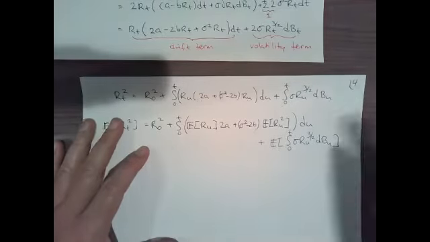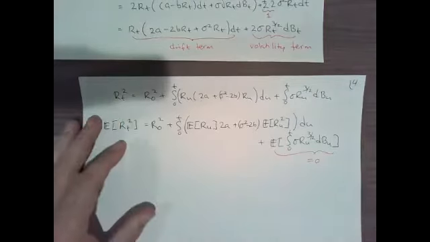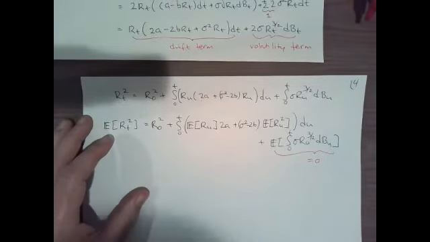That's right. This is equal to 0 because the stochastic integral is a martingale. Very good.